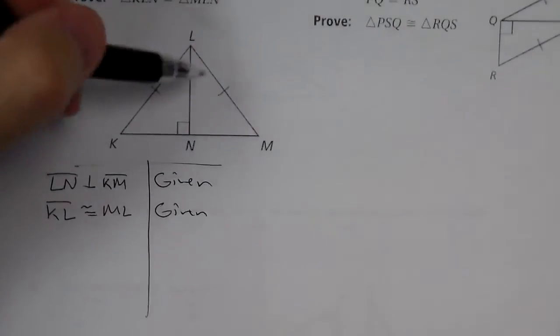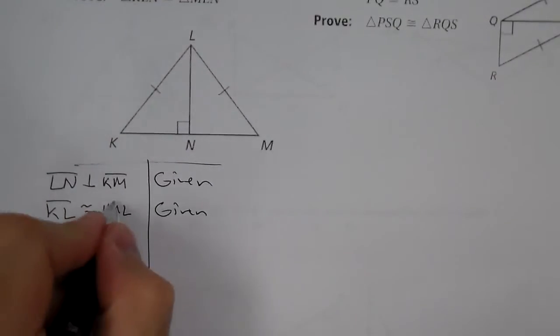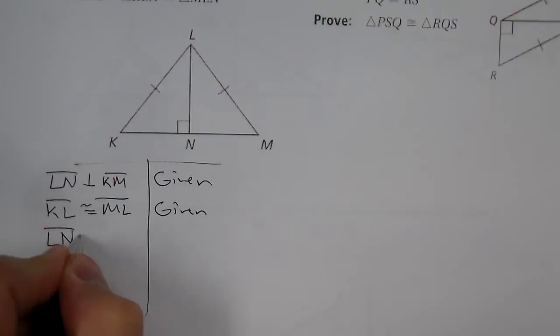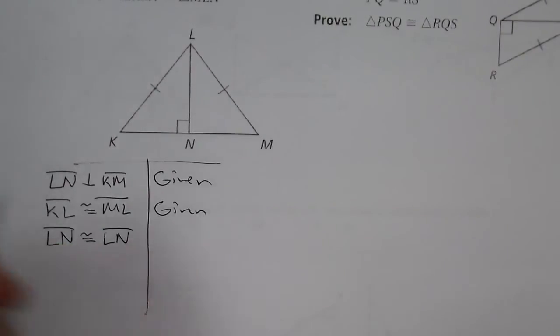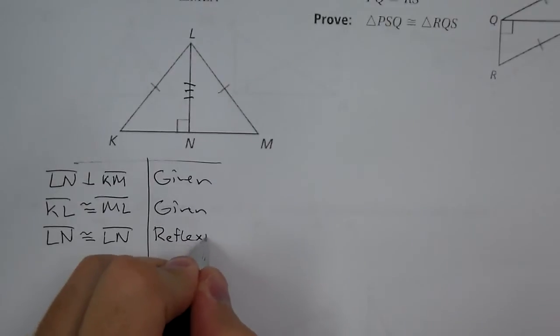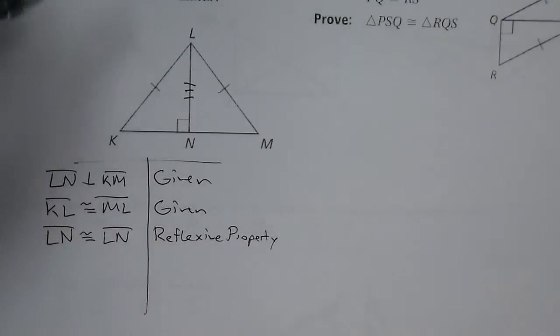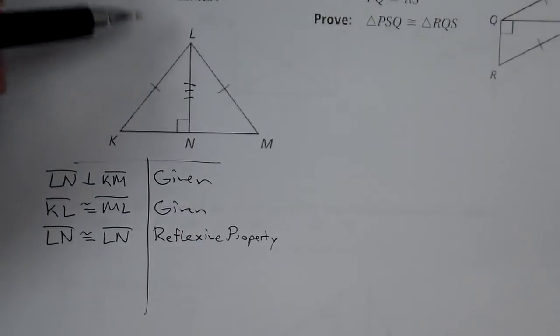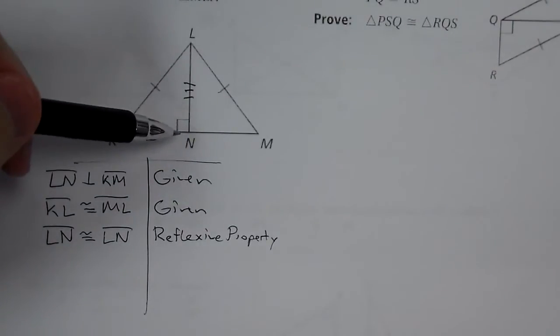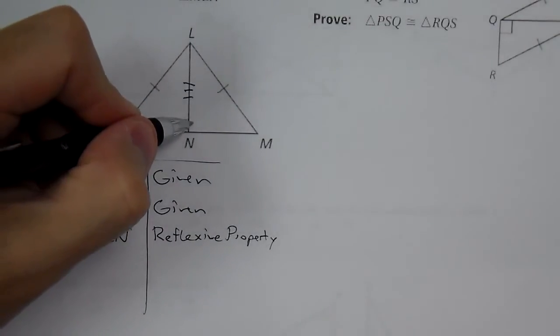Let's go here next. So I got a side, LN, in both triangles, and LN is congruent to LN, and that is reflexive property. And now, if we're looking at it, well, I got two sets of sides, and I got this angle. And I kind of know if that's a right angle, then this is also a right angle.